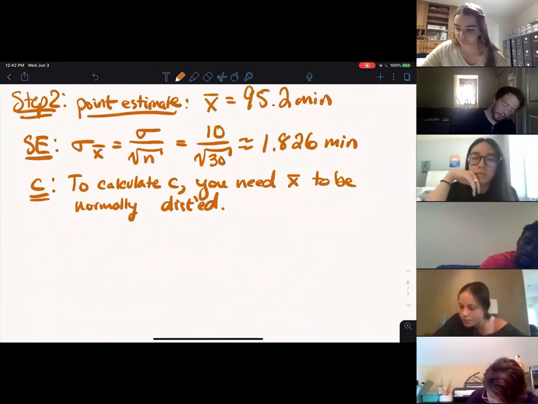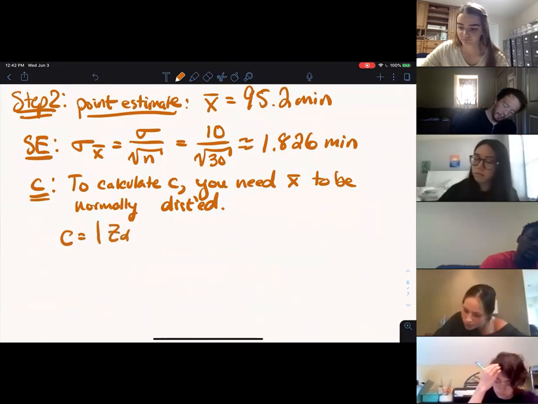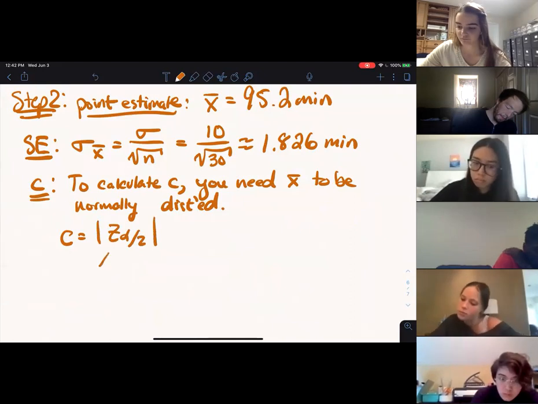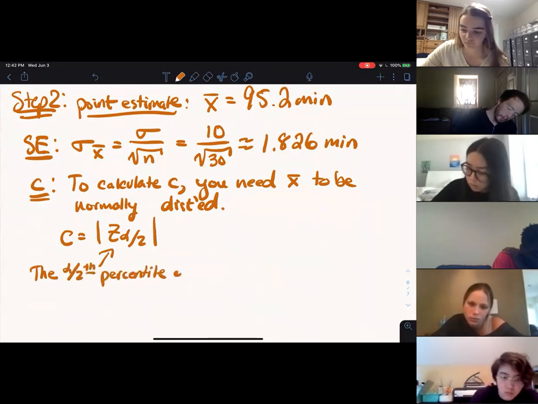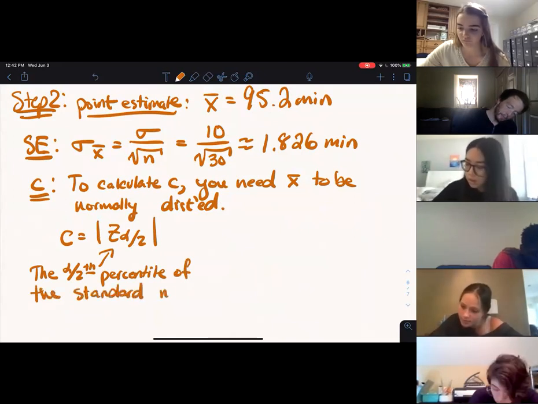So the way that we calculate C is it's going to be this right here. And this is the alpha over 2th percentile of the standard normal distribution.